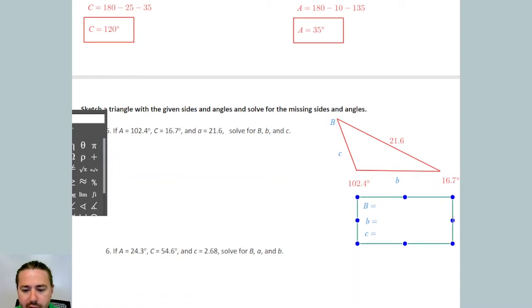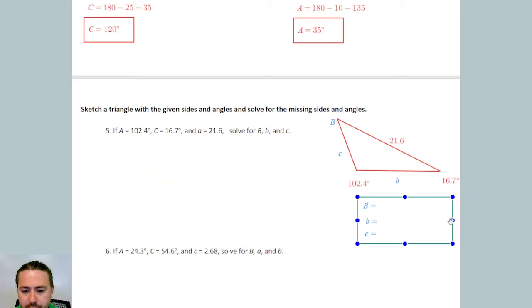Kind of keeps me a little bit more focused too, I find. Okay, so anyway, I'm trying not to spend too much time here making this look good.